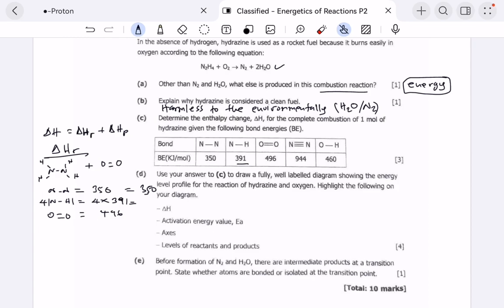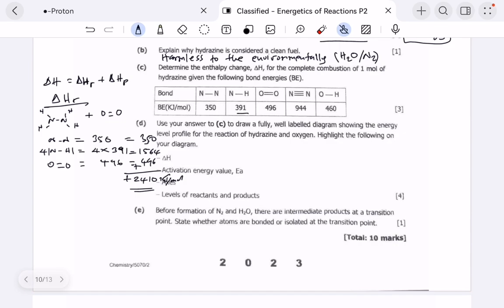I'm trying to use my calculator here. 4 multiplied by 391 gives us 1564, then 496. So the addition of those, the total comes to 2410 kilojoules per mole.